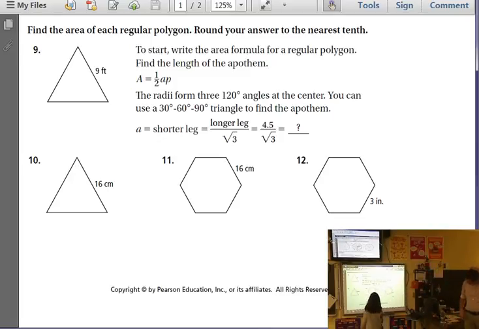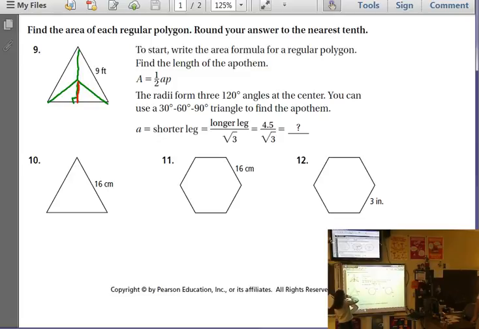I did it like this. Emma actually showed me how to do this. Props to Emma. It's okay if it doesn't look perfect. And then this is the apothem, and then I solve for this. Wait, here the apothem, would it be a short leg or a long leg of the triangle?